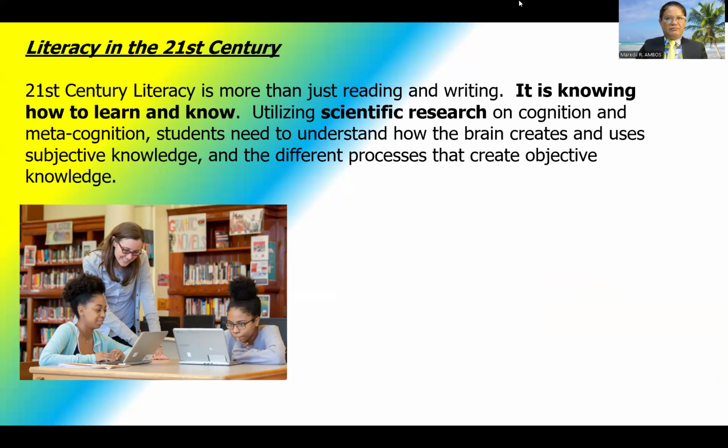If you notice, it's not just focused on reading and writing, but this is wider in scope because when we say literacy in the 21st century, it talks about knowing what to learn or how to learn and know. And there is the utilization of scientific research on cognition and even metacognition, and students need to understand how the brain creates and uses subjective knowledge and the different processes that create objective knowledge for that matter.